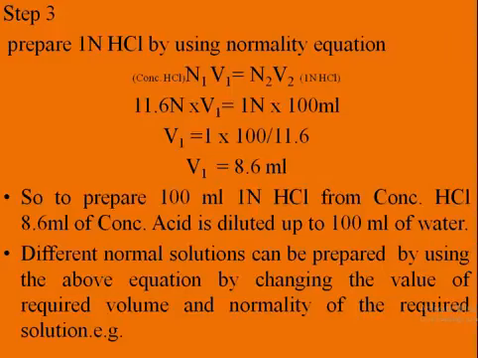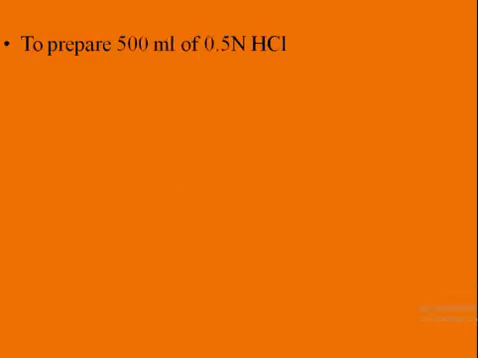Different normal solutions can be prepared by using the above equation by changing the value of required volume and normality of the required solution. For example, to prepare 500 ml of 0.5 normal HCl, use the same equation N1V1 is equal to N2V2. But now we have different values for N2 and V2.